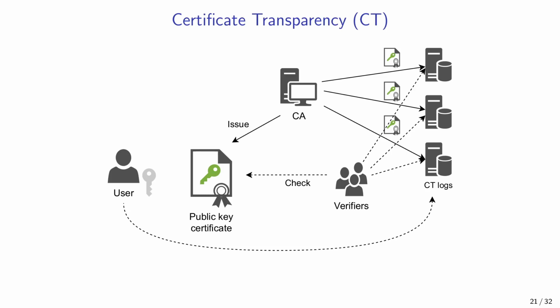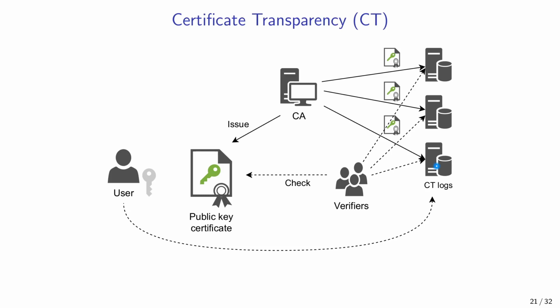All well-behaving certificate authorities are expected to submit all issued certificates to the certificate transparency logs. In practice, there are several log servers operated by different entities. When encountering a certificate, the relying parties, or the browser in this case, will verify whether the certificate is registered in the log.